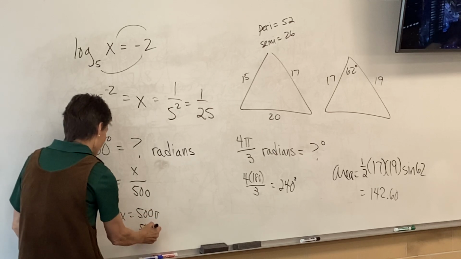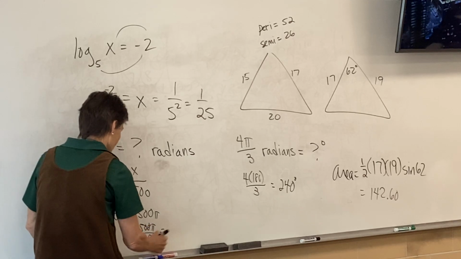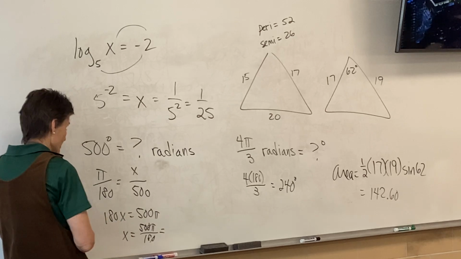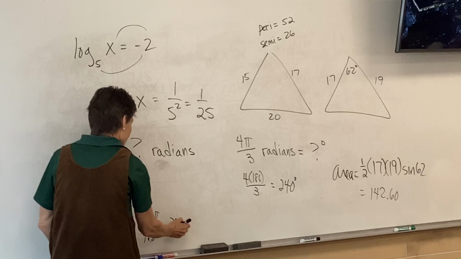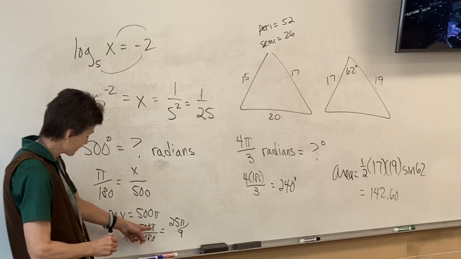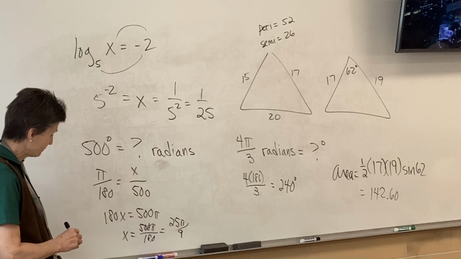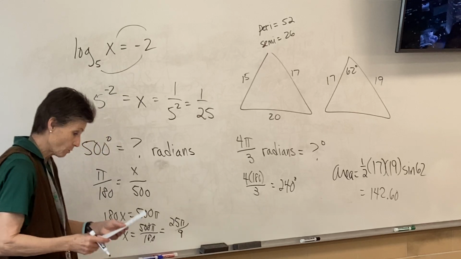And we have 500 pi over 180, which these always reduce somehow. What is that, 25 pi over 9? I can cross out the zeros and take out the 2. Okay, Melissa?